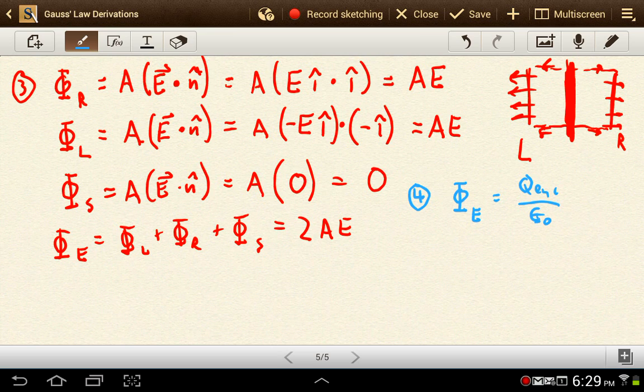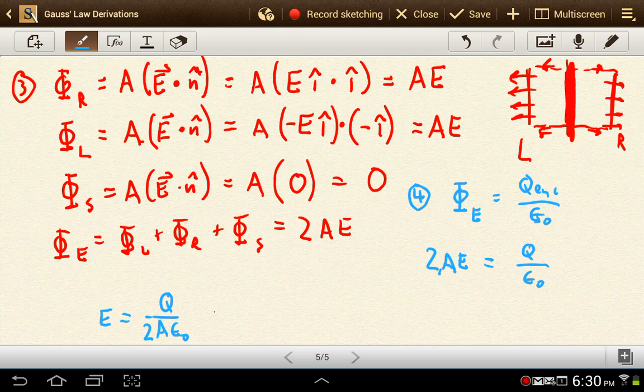Okay, so now your flux through that enclosed surface is 2AE, and your charge enclosed is Q, so you divide that by epsilon naught, and so what you'll get is that the electric field is going to be equal to Q over 2A epsilon naught.